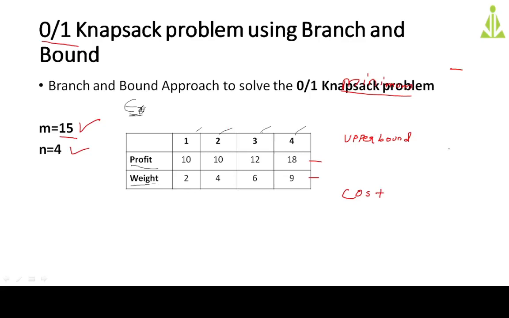In the upper bound, there will be a sigma, the total sigma of pi xi from i to n. After adding this, you must get the value here.